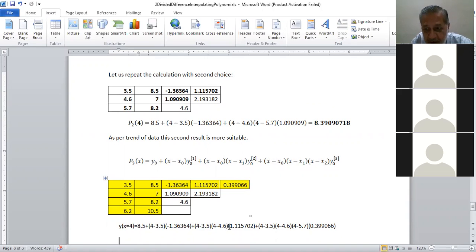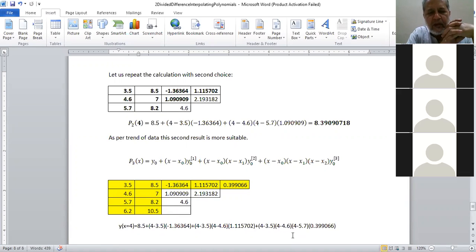But calculation is not completed. So that these examples demonstrate how to use Newton's divided difference interpolating polynomial. How to make, so we started from what? We started from what are divided differences, how to construct divided difference table.